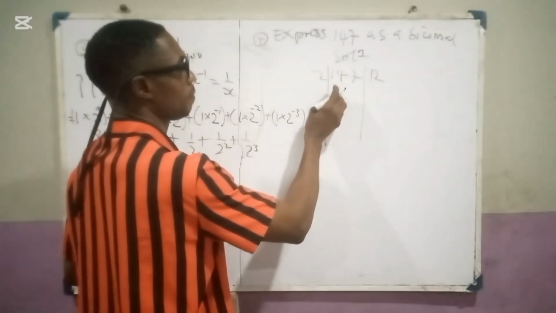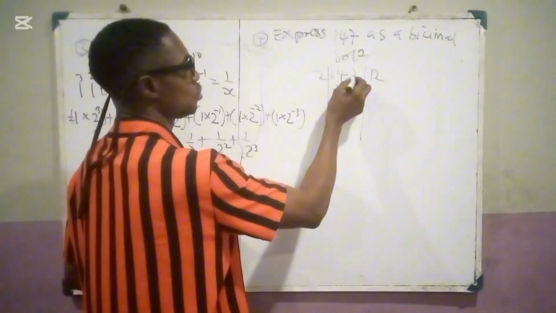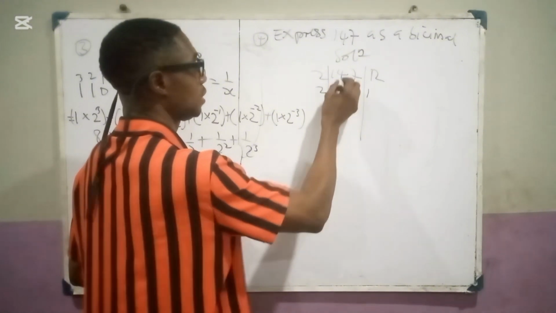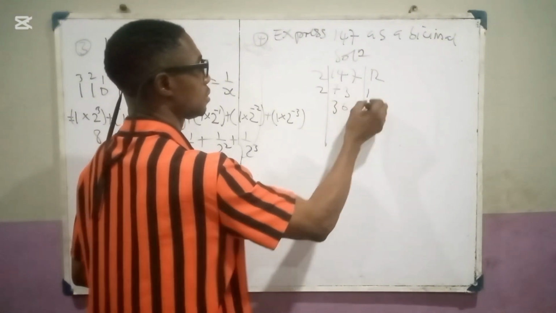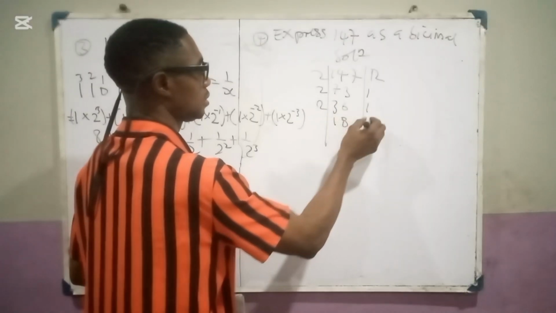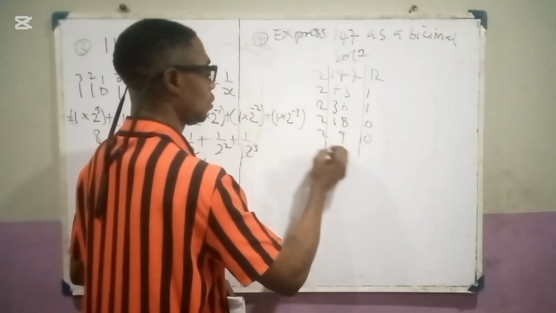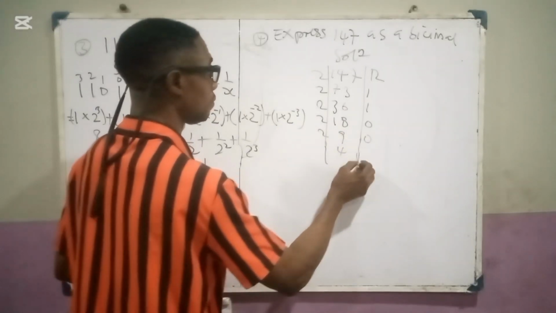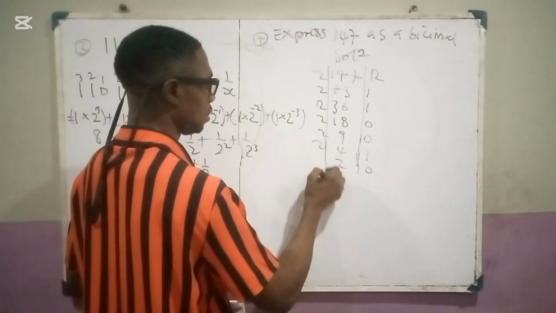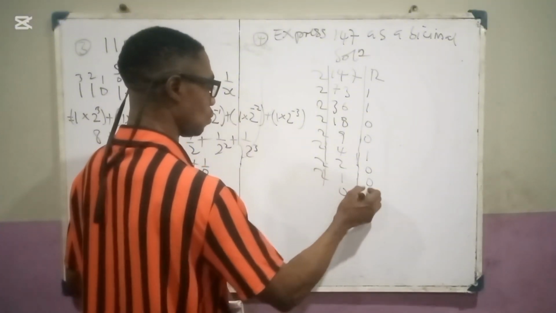Remember, we're converting to base 2, so we divide by 2. 2 into 147 is 73 remainder 1, 2 into 73 is 36 remainder 1, 2 into 36 is 18, no remainder, 2 into 18 is 9, no remainder, 2 into 9 is 4, remainder 1, 2 into 4 is 2, no remainder, 2 into 2 is 1, no remainder, 2 into 1 is 0 remainder 1.